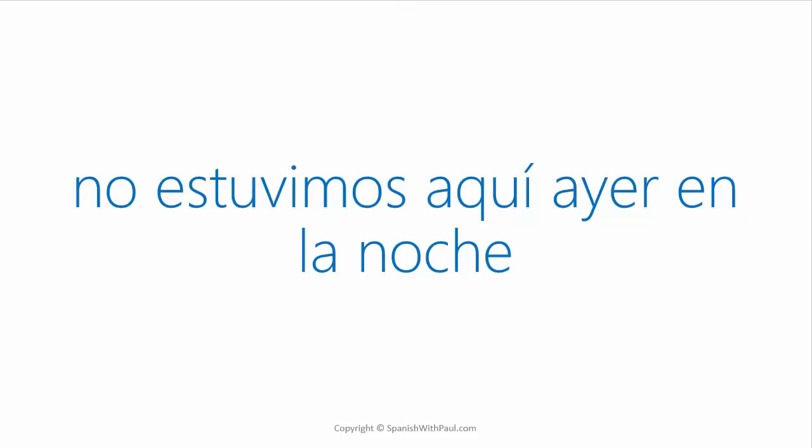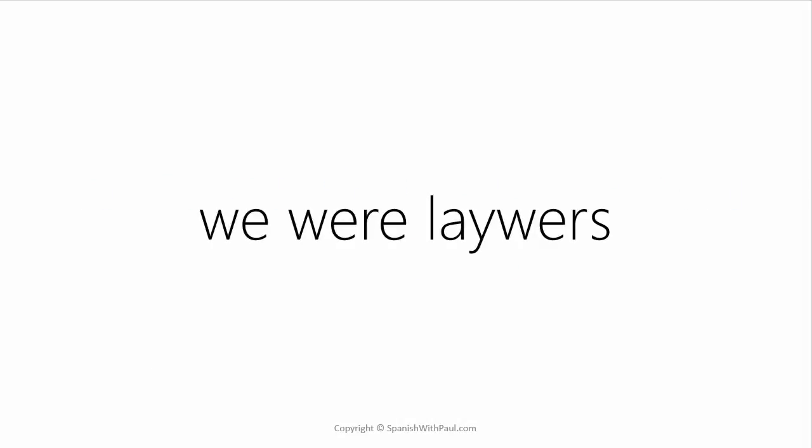So it would be no estuvimos aquí ayer en la noche. Let's try another one. We were lawyers. Okay, so ser or estar? I'm going with ser because it's identity.